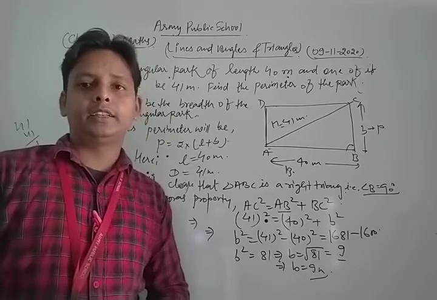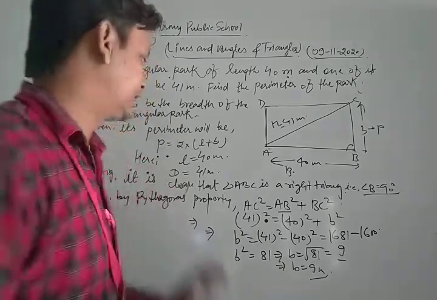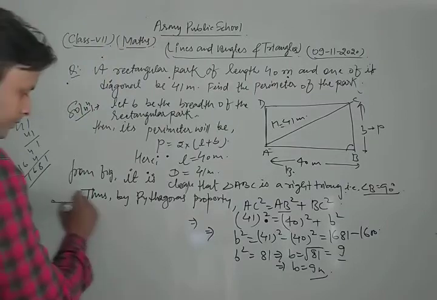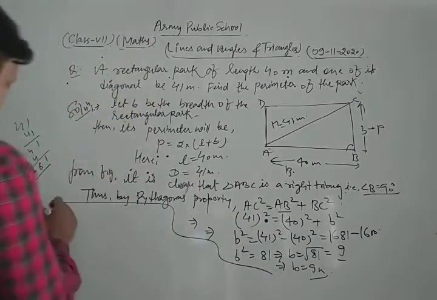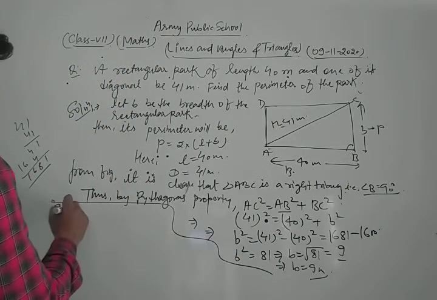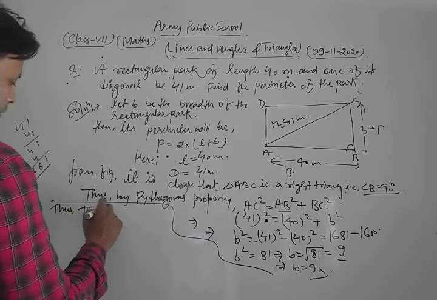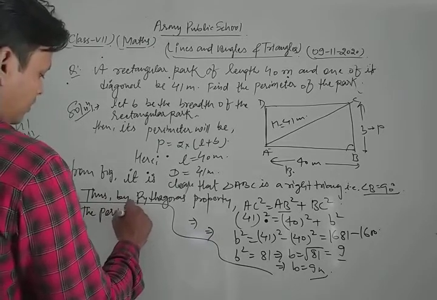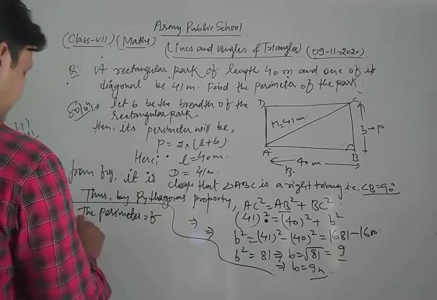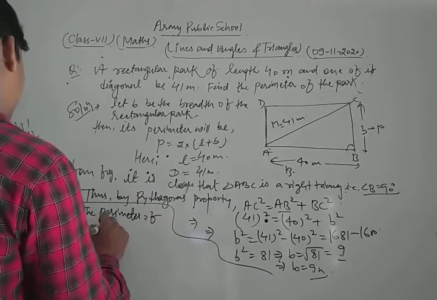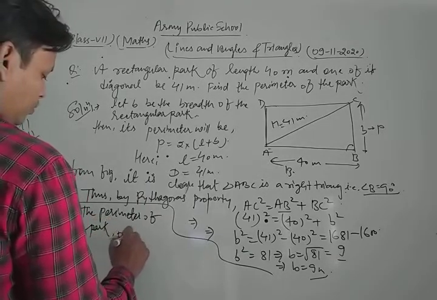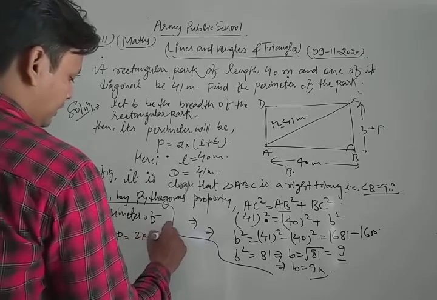Now dear friends, we find the perimeter of the park. Okay, now let's see. Thus the perimeter of the park will be P equal to 2 multiplied by length plus breadth.